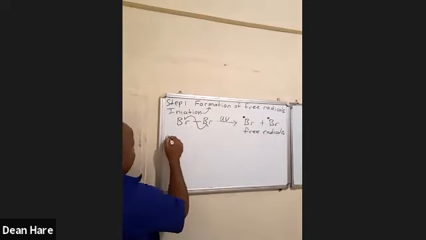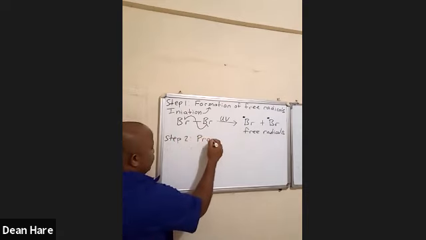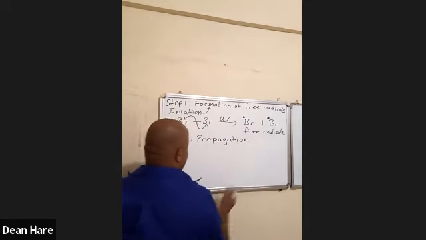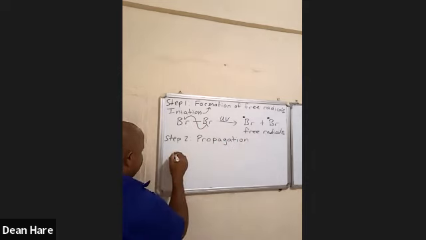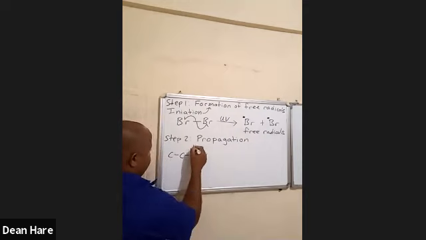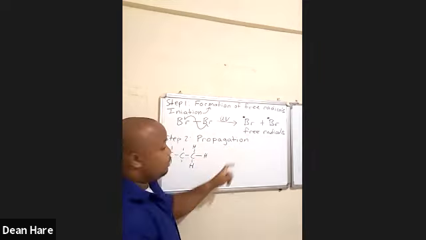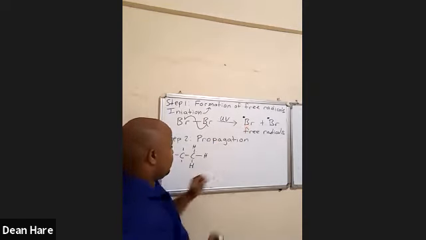Now, step 2 is called propagation. All right, and this is where now we're going to introduce the alkane. So in step 2, we are going to have the alkane and one of the radicals present.